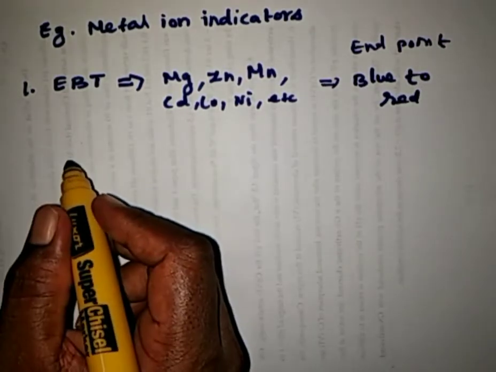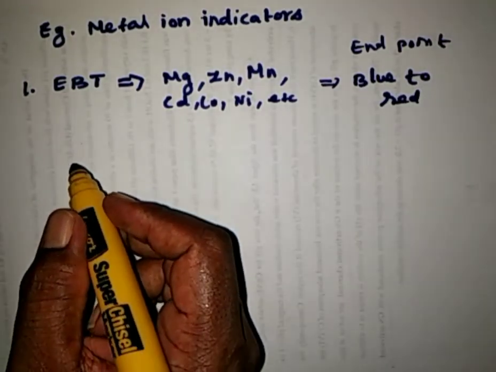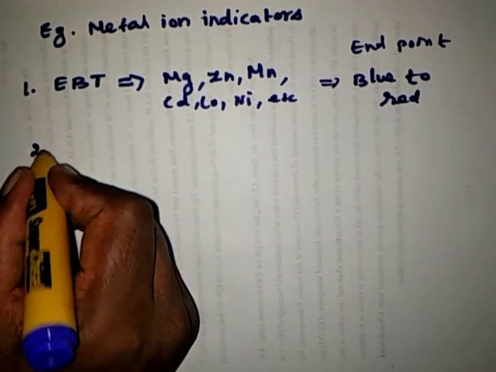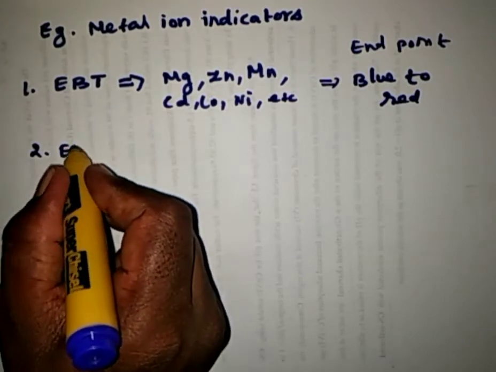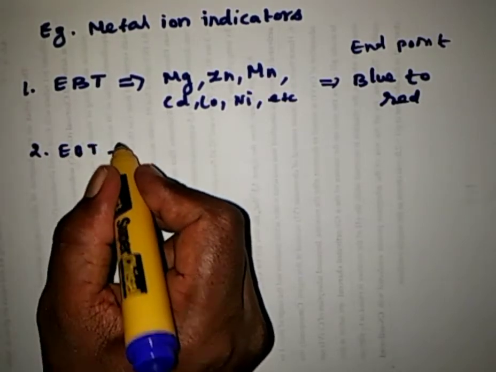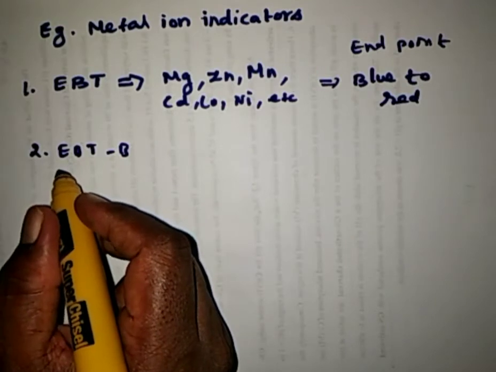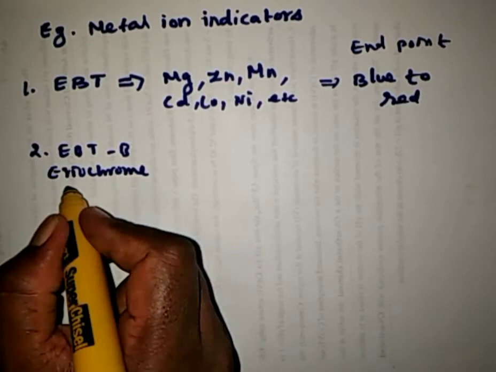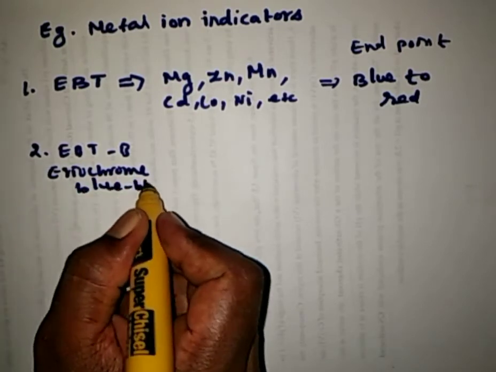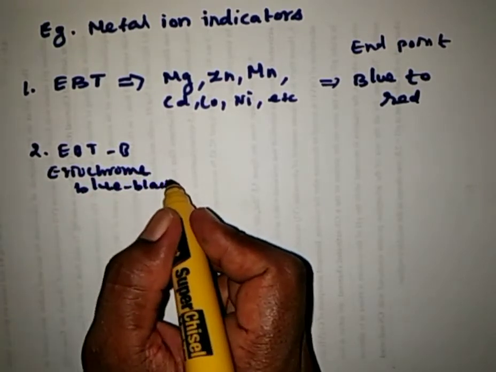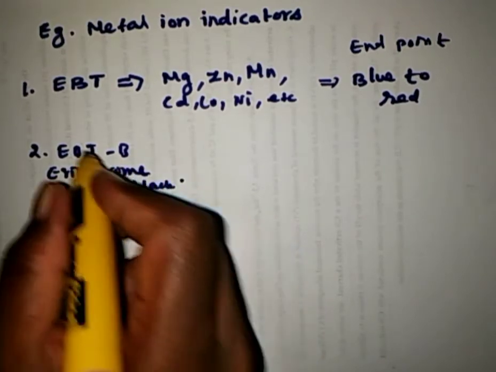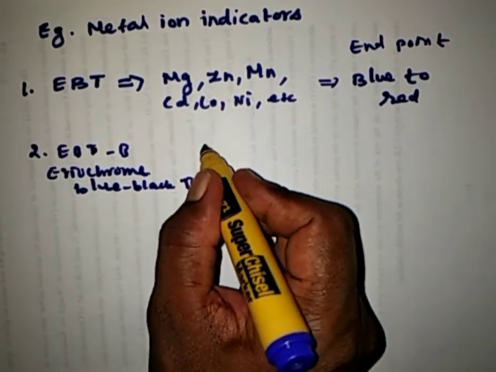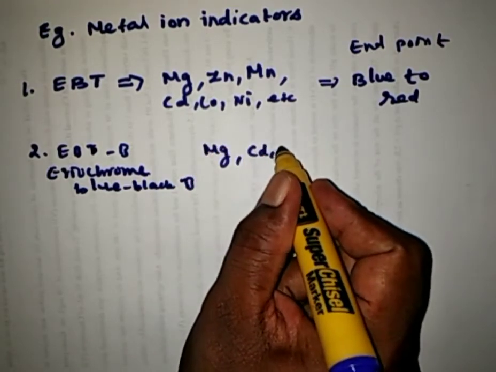And we have another one, Eriochrome Blue Black B. Eriochrome Blue Black B is used to estimate magnesium, cadmium, and so on.